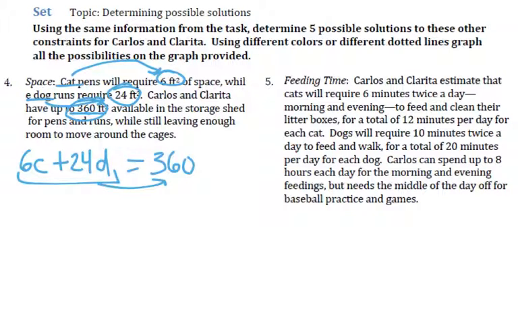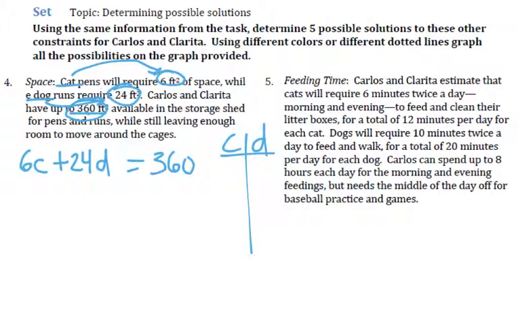It could be less than, so technically I should probably make an inequality, but we're going to think more along the lines of an equation. We want to find 5 instances of cats and dogs where this works.